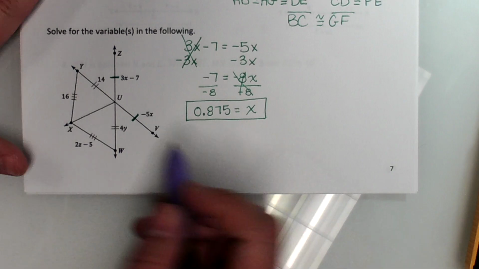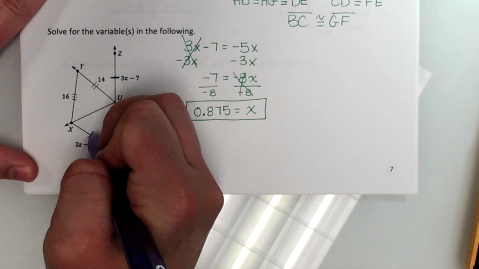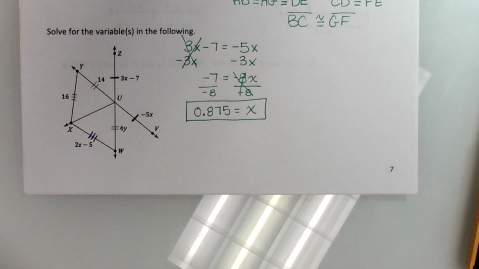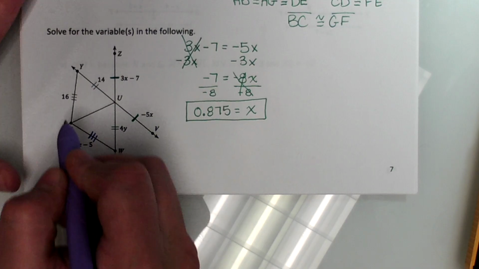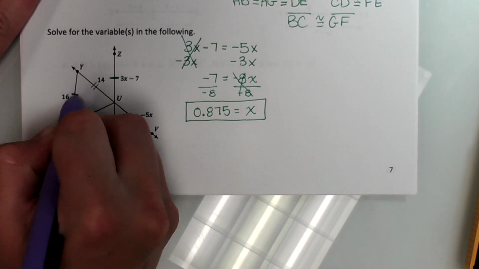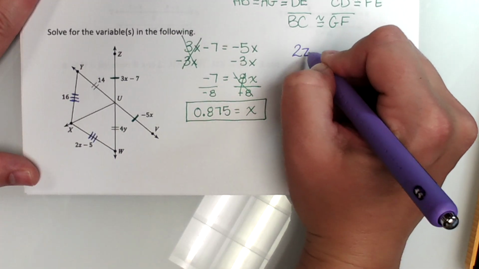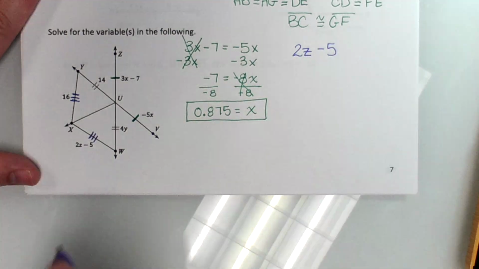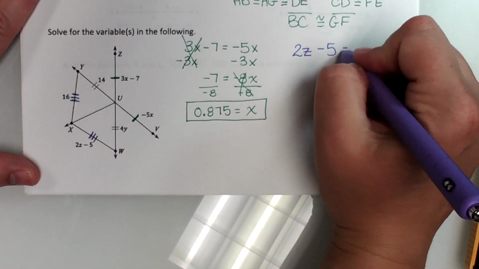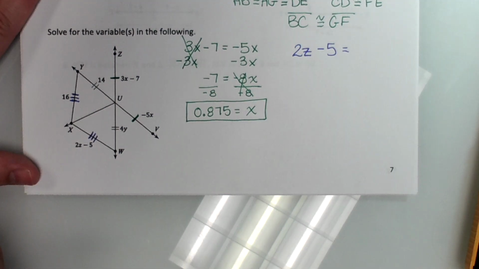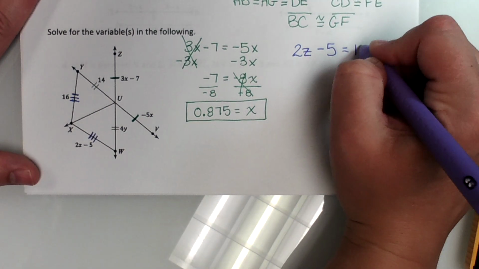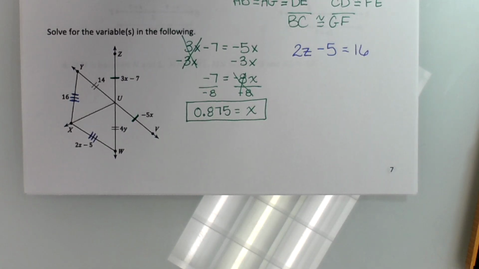Sure. I see the z right here. Do you notice it's on the triple segment mark? Which one is it congruent to? The one that's marked as 16. So, 2z minus 5, that's the entire segment, is equal to 16. I want to solve that. Where am I starting?